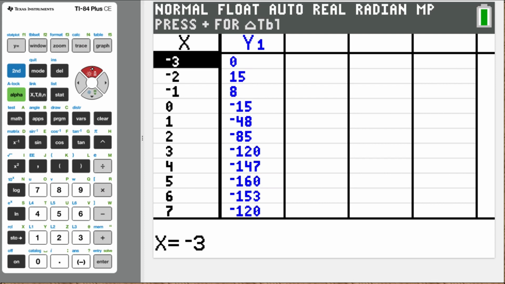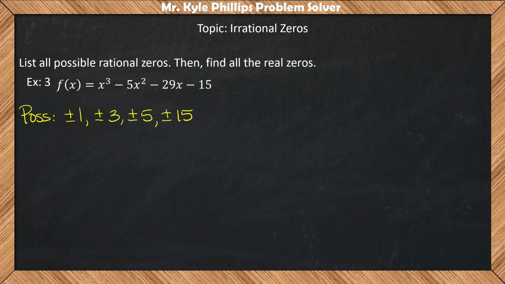So it seems that we're going to have a root here at -3. Since I know -3 is a solution, I'll evaluate there. And I'll use the coefficients from my polynomial for my synthetic substitution. So that'll be 1, -5, -29, and -15.